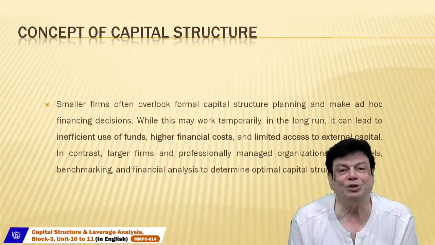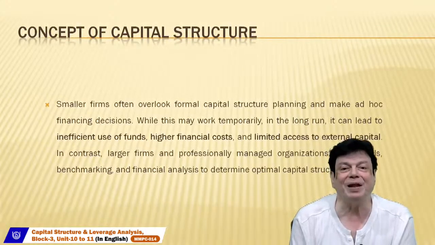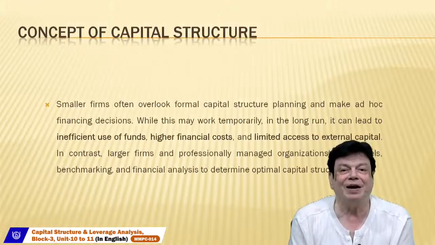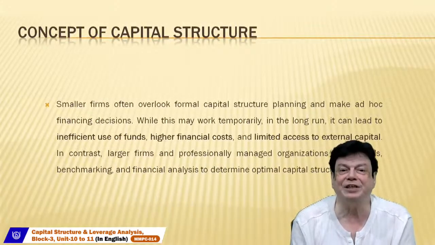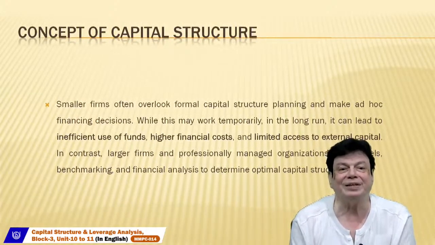Smaller firms often overlook formal capital structure planning and make ad hoc financing decisions. While this may work temporarily, in the long run it can lead to inefficient use of funds, higher financial costs and limited access to external capital.